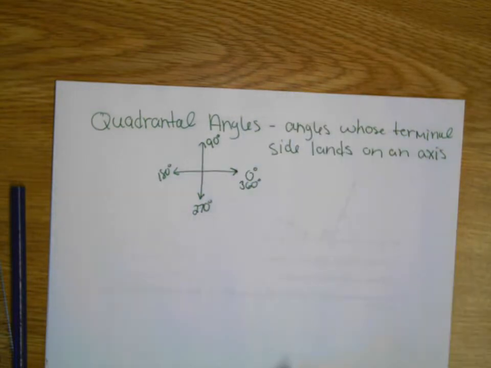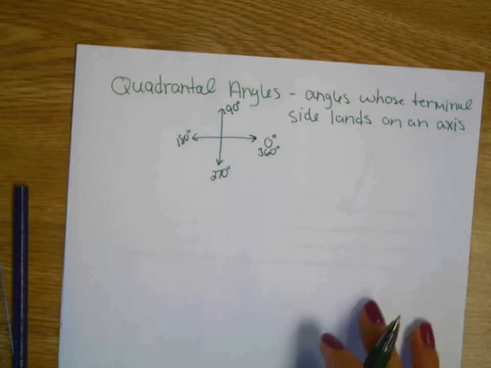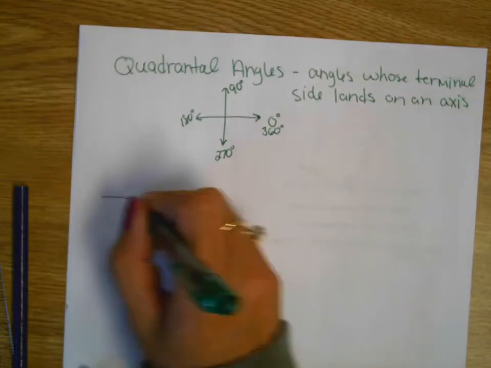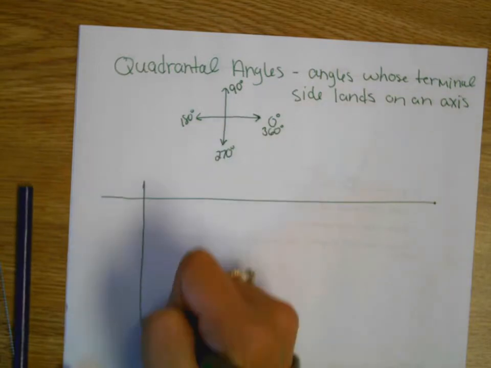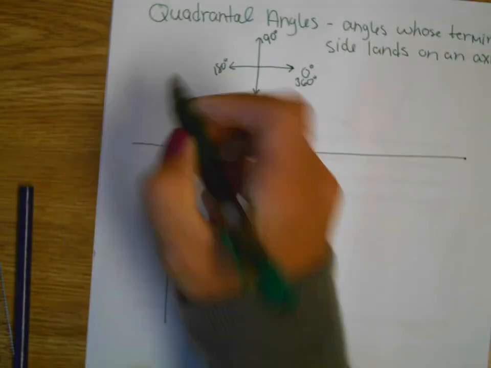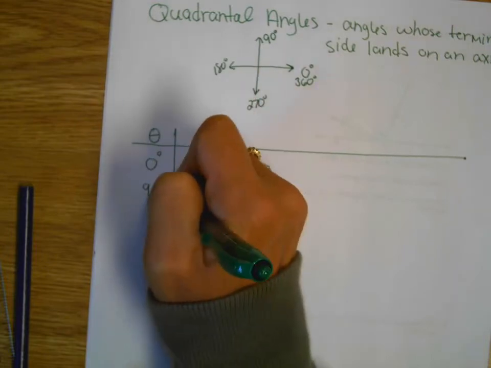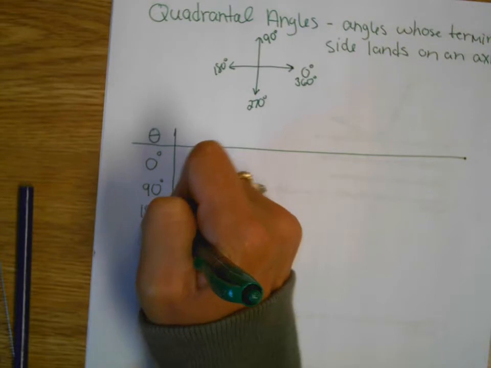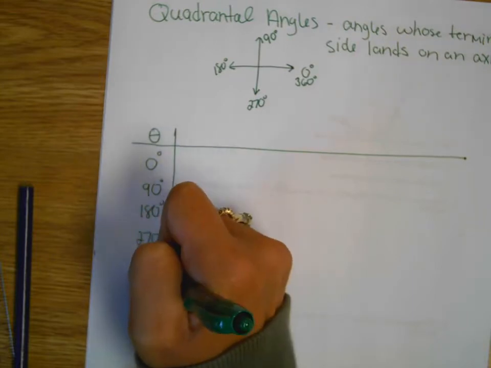And then finish at 360. Okay, we're going to find all 6 trig values for all of the quadrantal angles, but we're going to put them in a table. There's 5 quadrantal angles, and we want 6 trig values. So we want 0, 90, 180, 270, and 360.